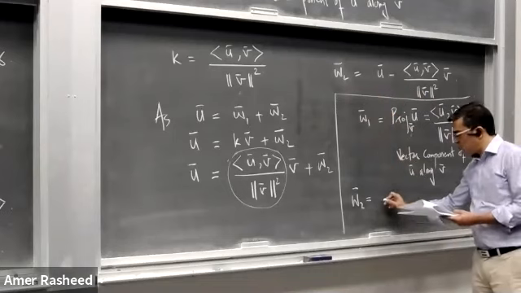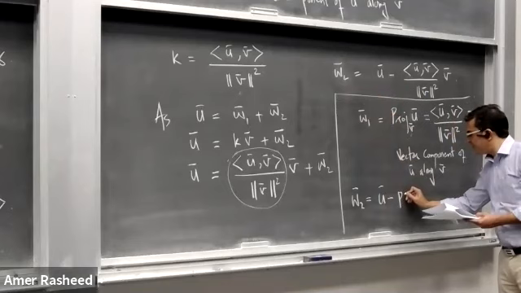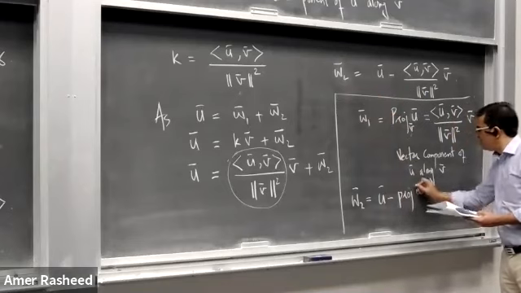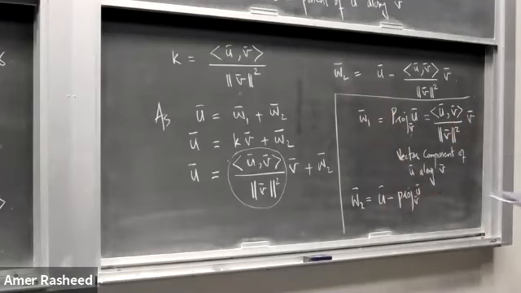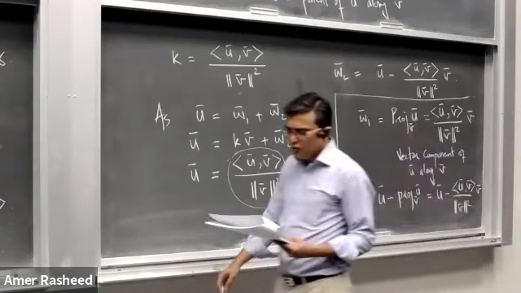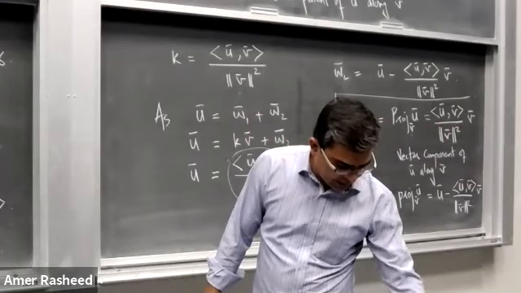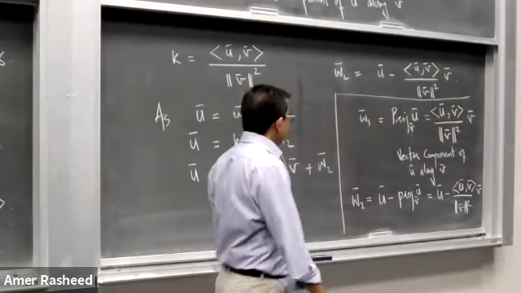It is U minus projection of U along V. Okay, and this is nothing but U minus inner product of U V divided by norm of V square times V. This is how we denote these two vectors. Okay, and they are basically projections.